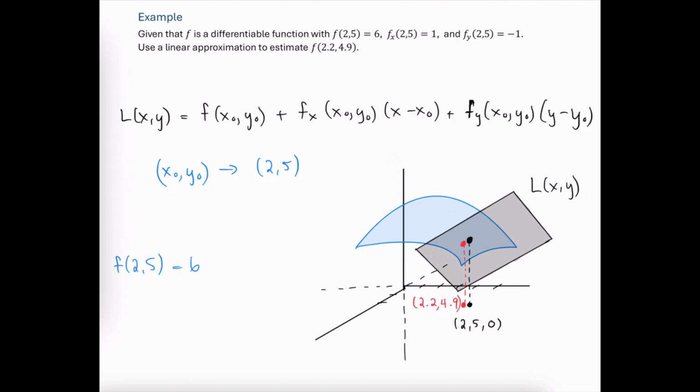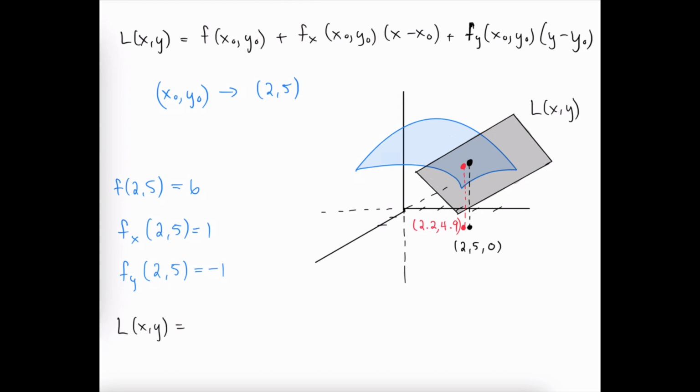That was the given information. The first partial with respect to x of that function evaluated at 2, 5 is equal to 1, also given. And the first partial with respect to y evaluated at 2, 5 is equal to -1, also given. So we can use this information to find the equation of the tangent plane, also called the linearization.